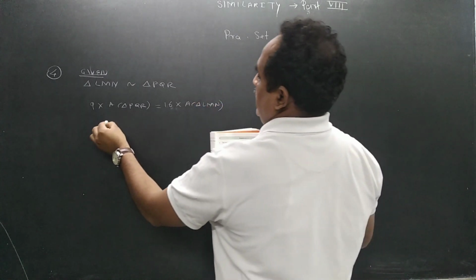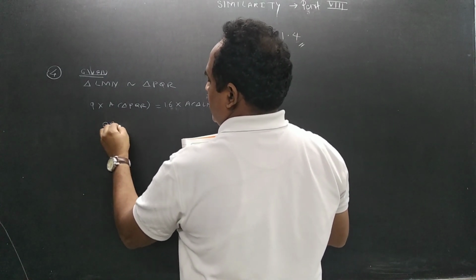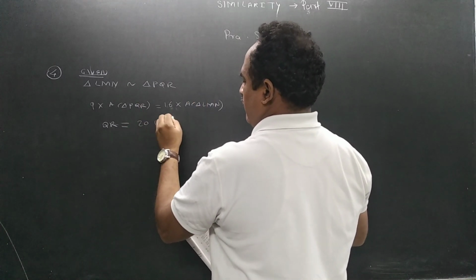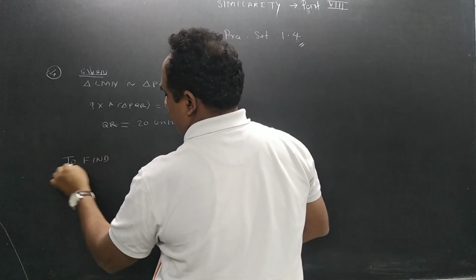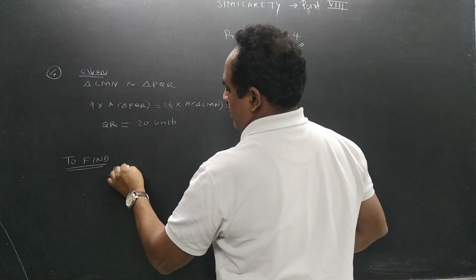And if QR is equal to 20 units, they have asked to find the length MN.